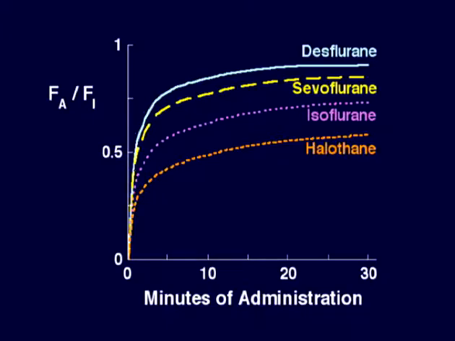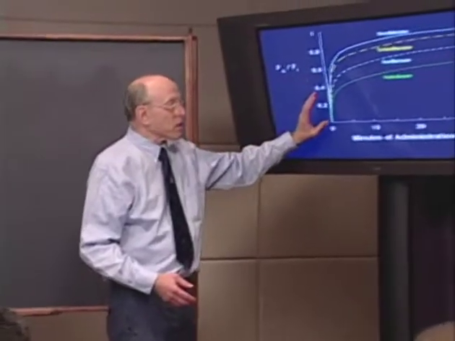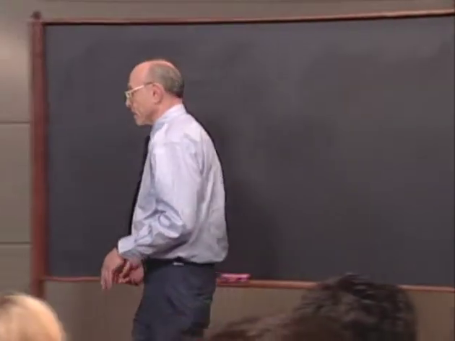There are two messages in this slide that you need to appreciate. The first is that the anesthetics are different in their position. And the second is that the shapes of each curve are the same. The shape of each curve takes the following form.